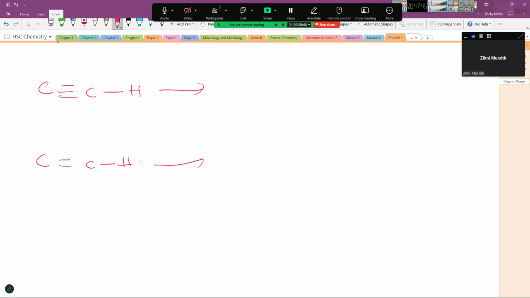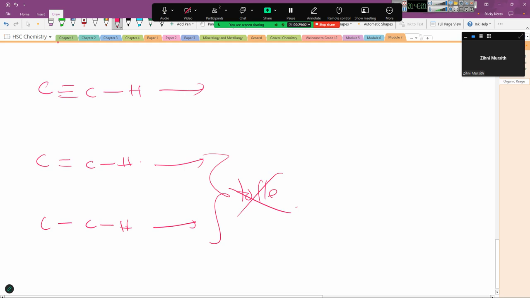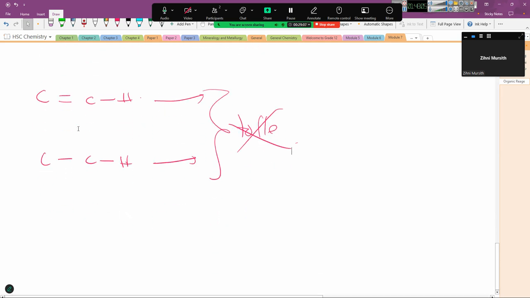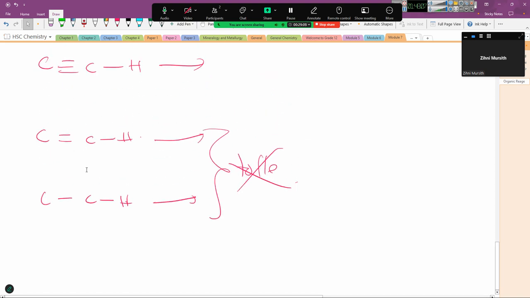Technically, the double bond or single bond will not react with Tollens reagent. It will not give any positive result because the acid strength of these is comparatively less, right?